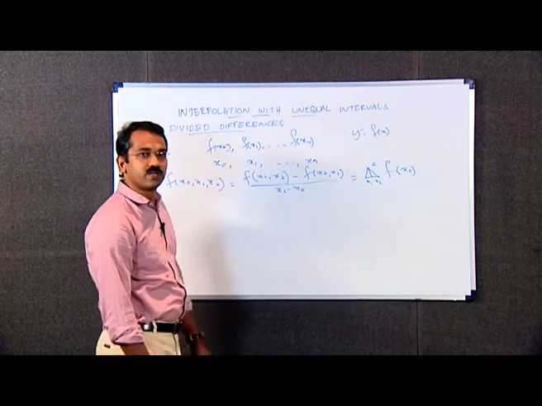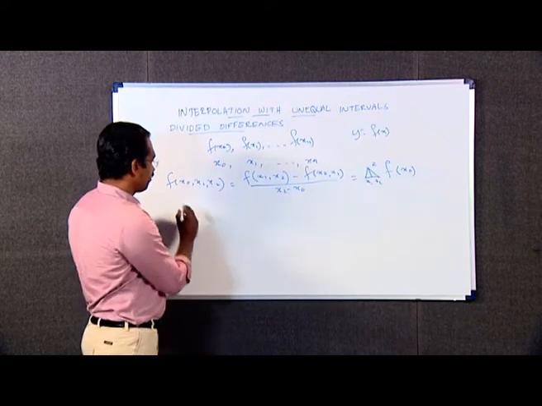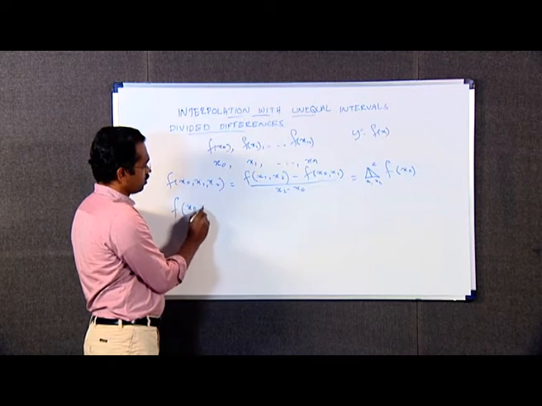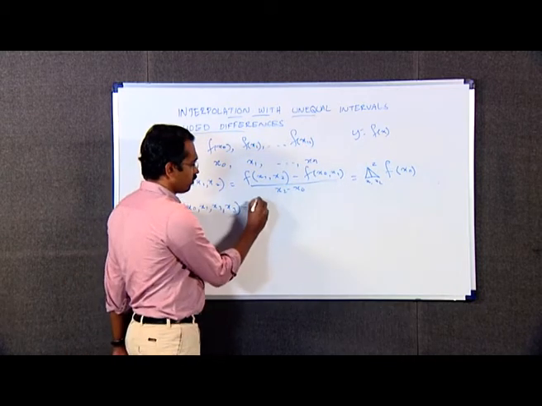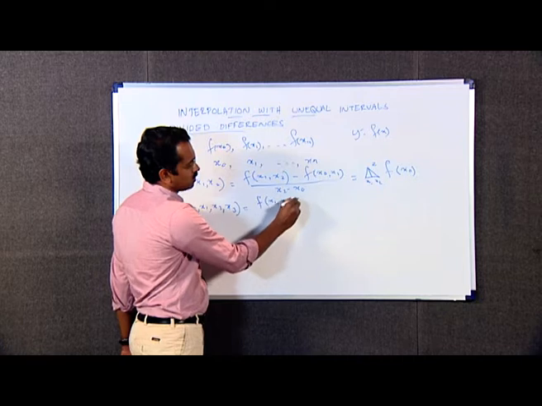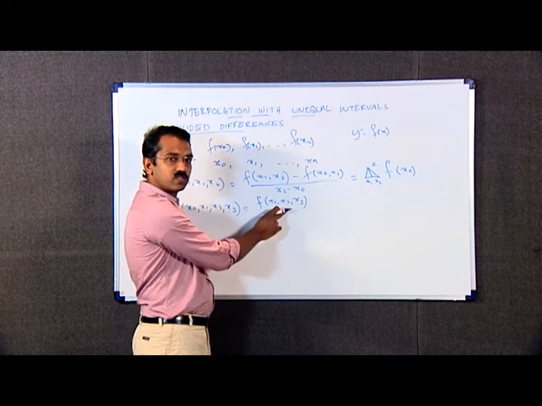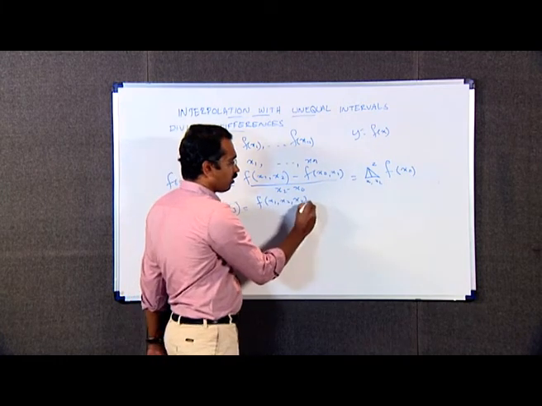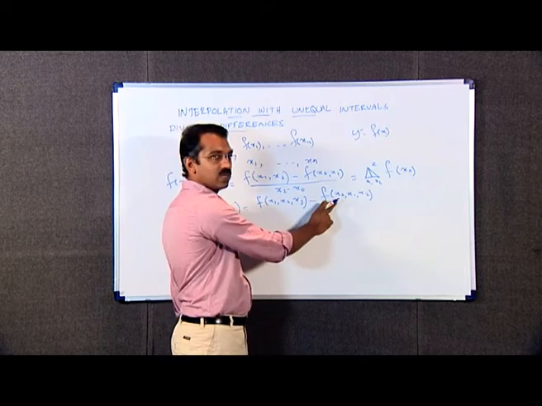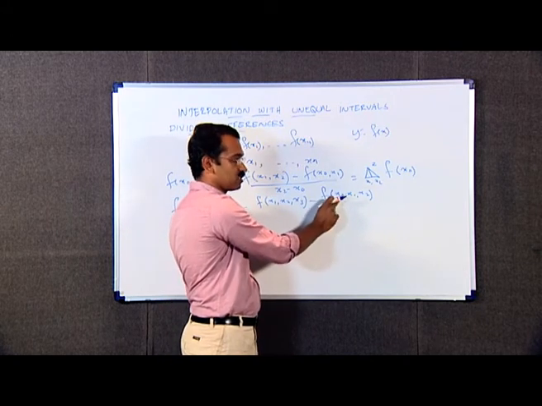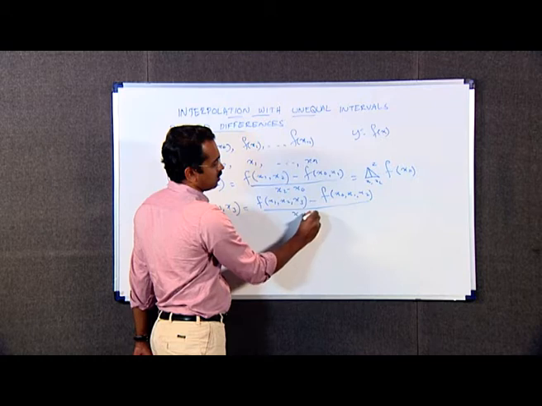The third order divided difference corresponding to 4 arguments x naught, x 1, x 2 and x 3 is defined as f of x naught, x 1, x 2 and x 3 is equal to f of x 1, x 2, x 3, that is the second order divided difference corresponding to the 3 arguments x 1, x 2 and x 3, minus f of x naught, x 1, x 2, the second order divided difference corresponding to x naught, x 1 and x 2, all divided by x 3 minus x naught.